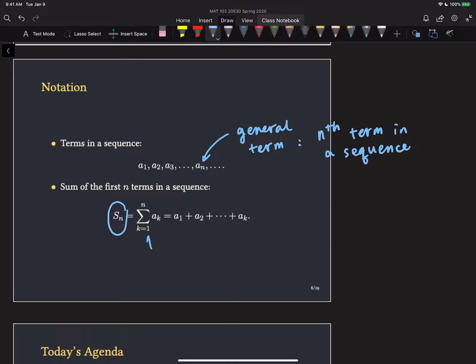This Greek letter sigma is the summation notation. It just represents that you're adding things. And the things that we're adding is a sub k, where k ranges from 1 all the way up to n, which is equivalent to saying that adding a1, a2, a3 all the way up to an. So here's a typo. This one should be n right here.